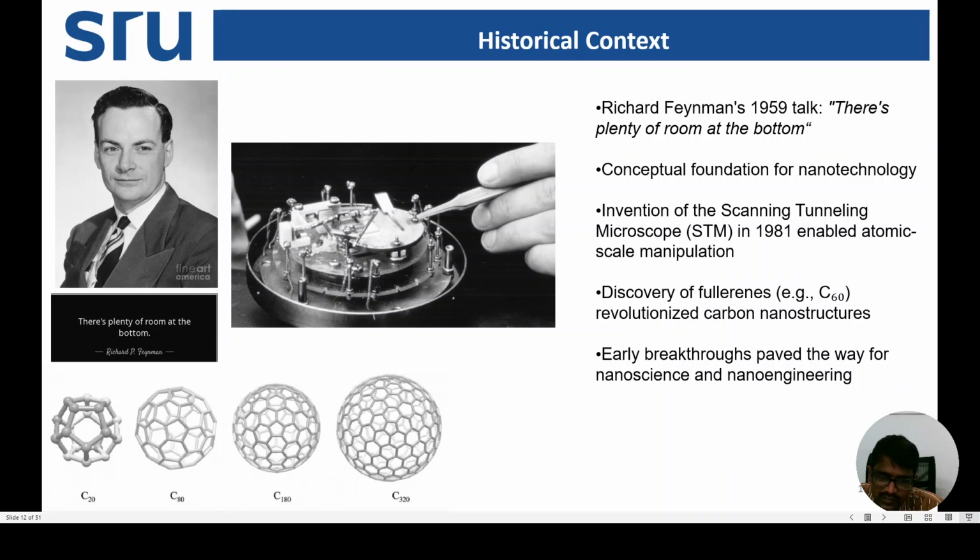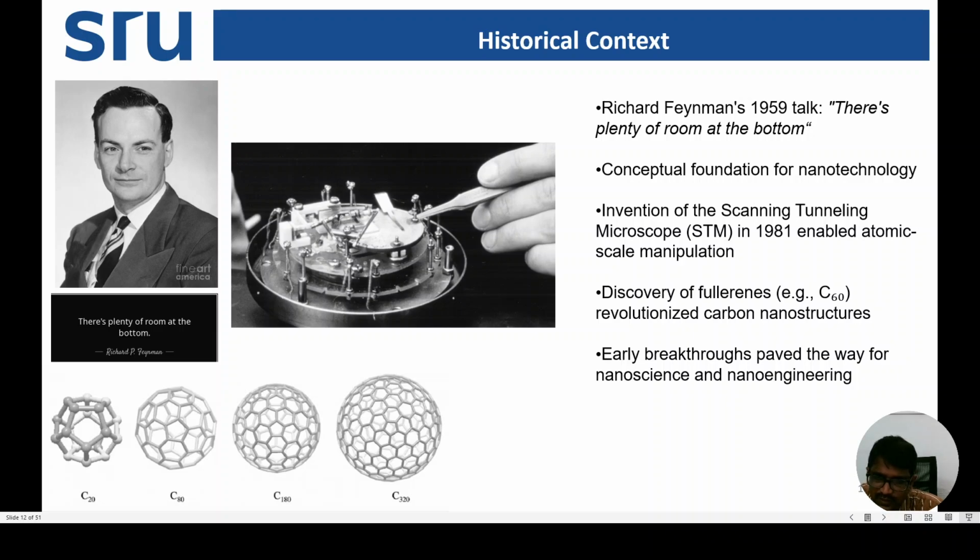It was invented in 1981 and enabled atomic scale manipulation. Manipulation means fabrication of material at the atomic level.